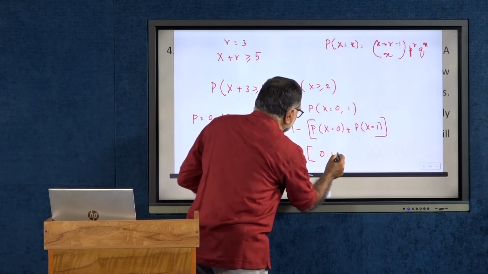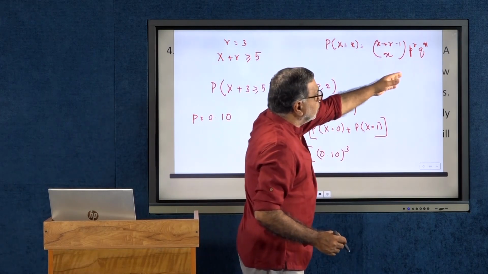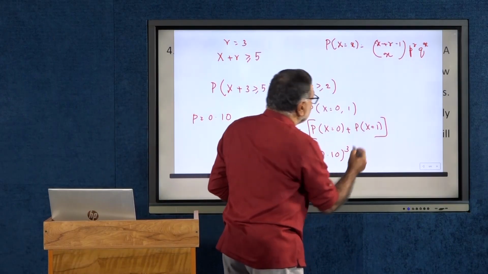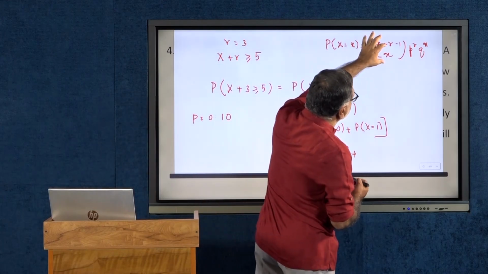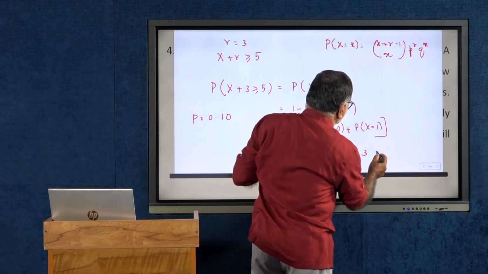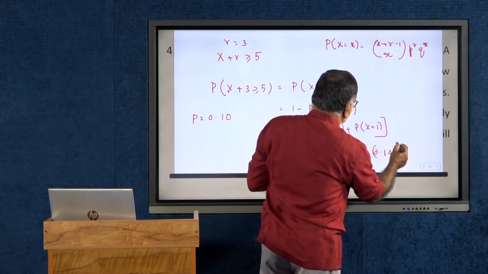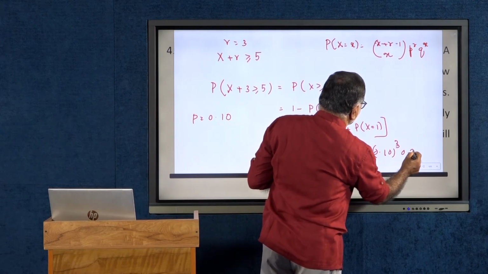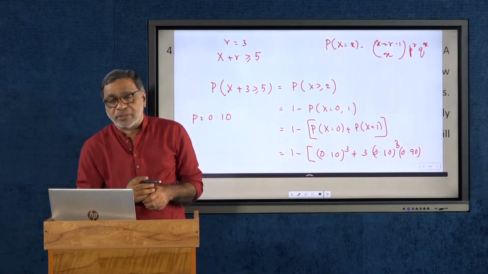So, 0.10 power 3 is the value corresponding to probability of x is equal to 0 if we are substituting x is equal to 0 in this expression, plus probability of x is equal to 1, that is obtained when you are substituting x is equal to 1 here, and this is 3, 0.10 power r is again 3 and 0.90.